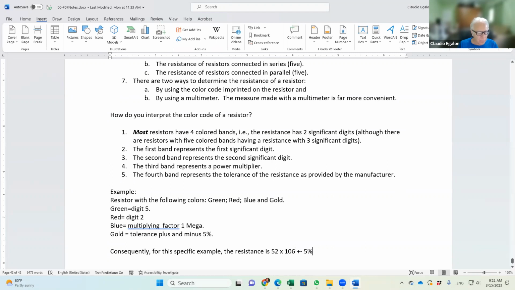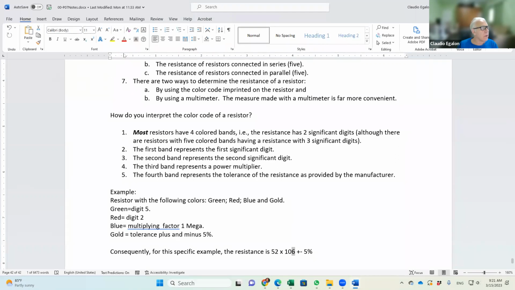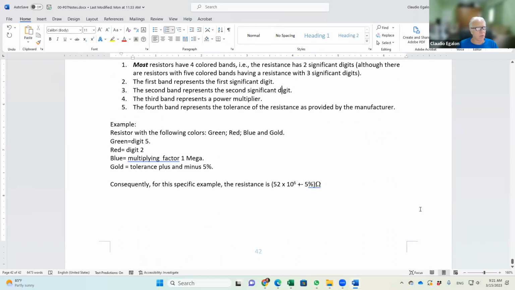Like that. Okay, and don't forget, all of that is ohms. 52 million ohms.